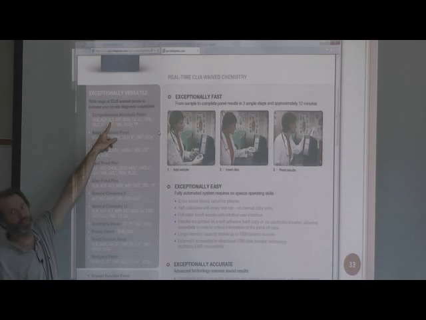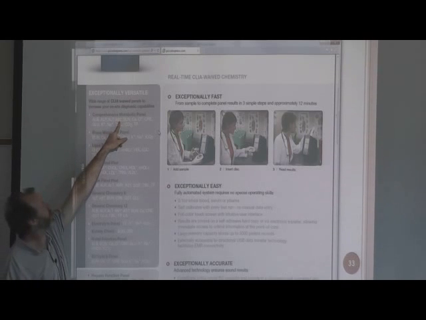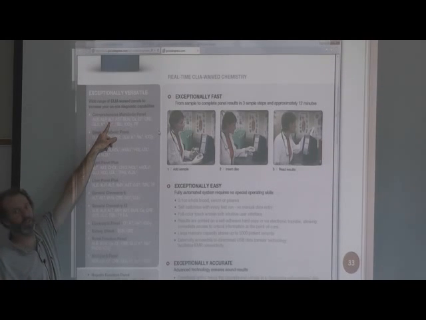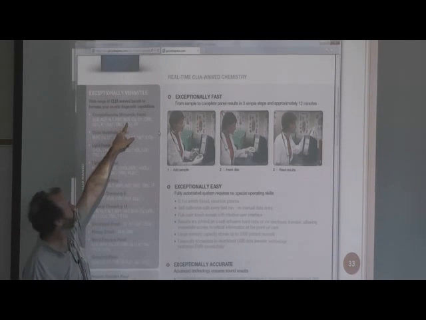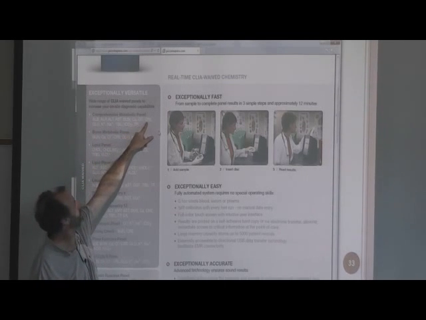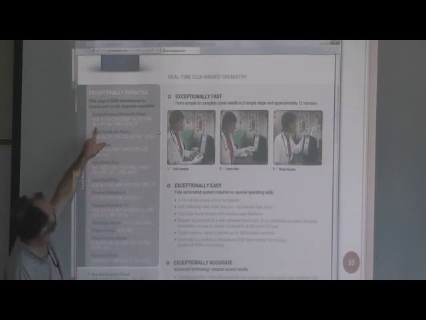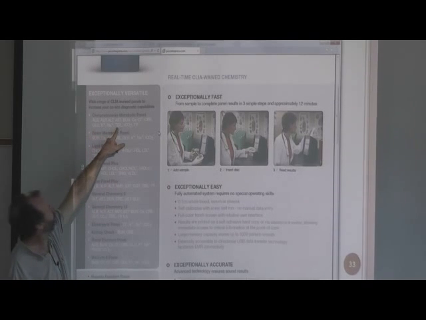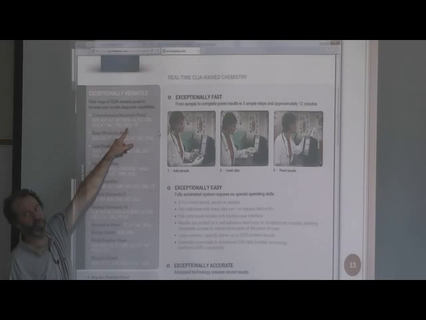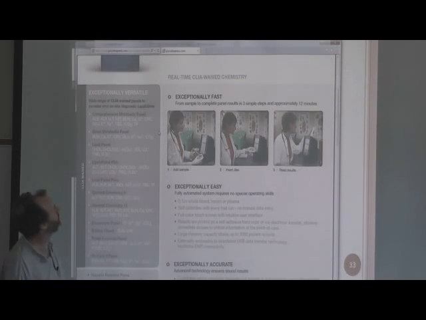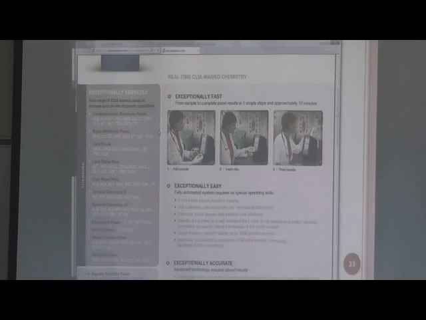ALT is... I think this is alanine transferase, AST aspartate transferase, BUN, blood urea nitrogen, calcium, chloride, CRE, creatinine, glucose, potassium, sodium, total bilirubin, carbon dioxide, and TP. We just talked about TP, right? No, we talked about PT. What's TP? I don't know.